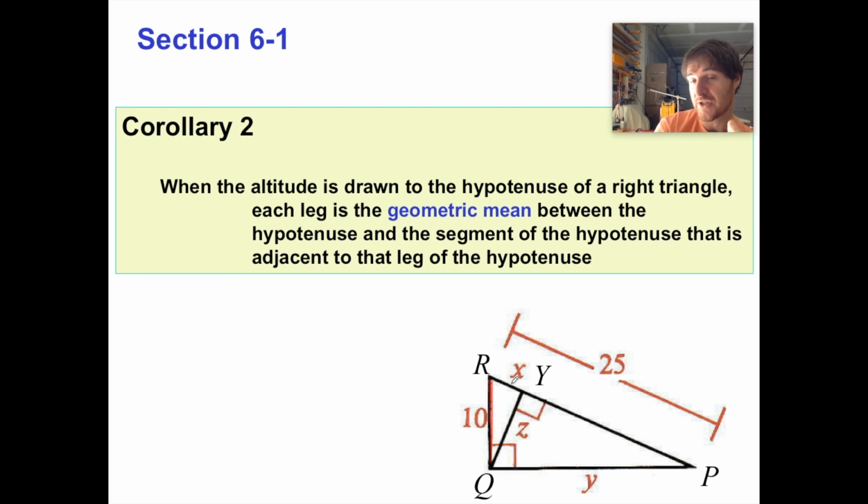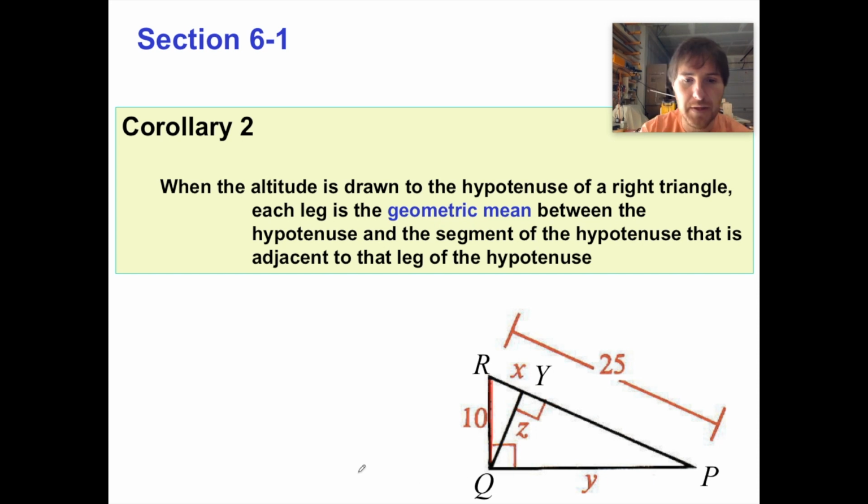So in the smallest triangle, it's x. We have x to 10 would equal 10 to 25, okay? Because 10 is both a hypotenuse and a shortest leg. Look at that, x to 10, short legs correspond, 10 to 25, hypotenuses correspond here, okay?